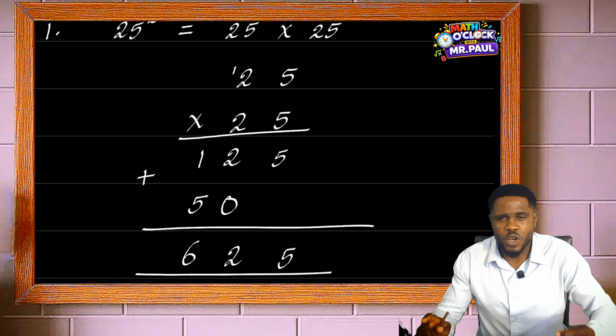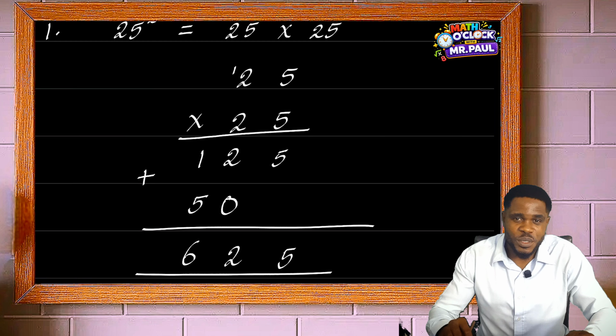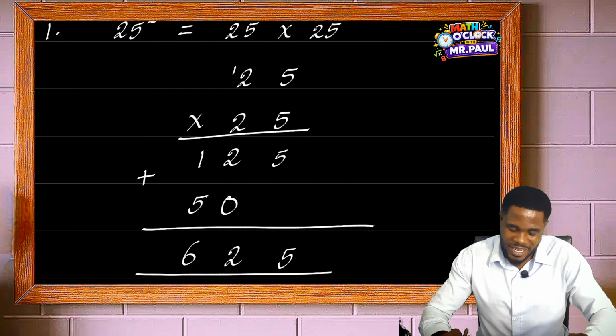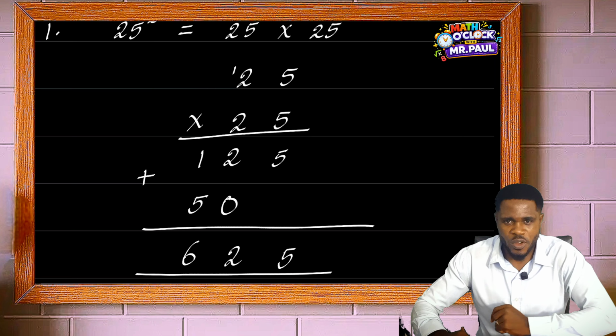So once you're given a whole number and asked to square that number, it simply means the number should multiply itself, and your job is done. Ta-da! So for 25 square, our answer is 625.